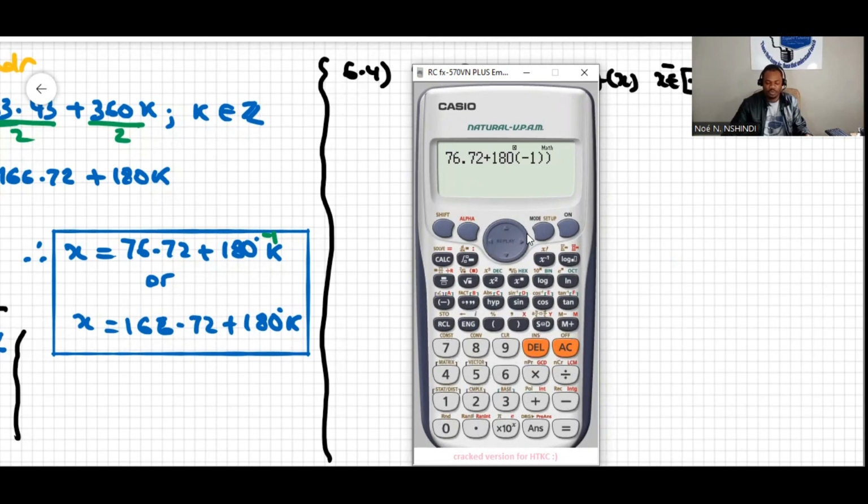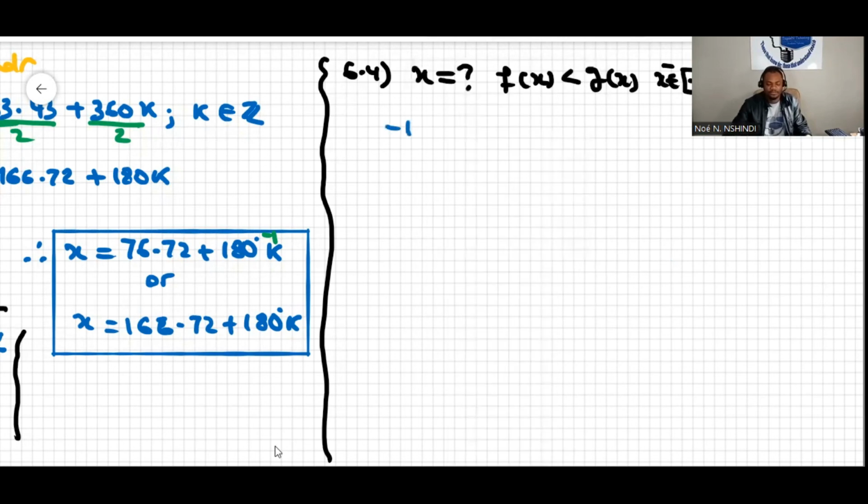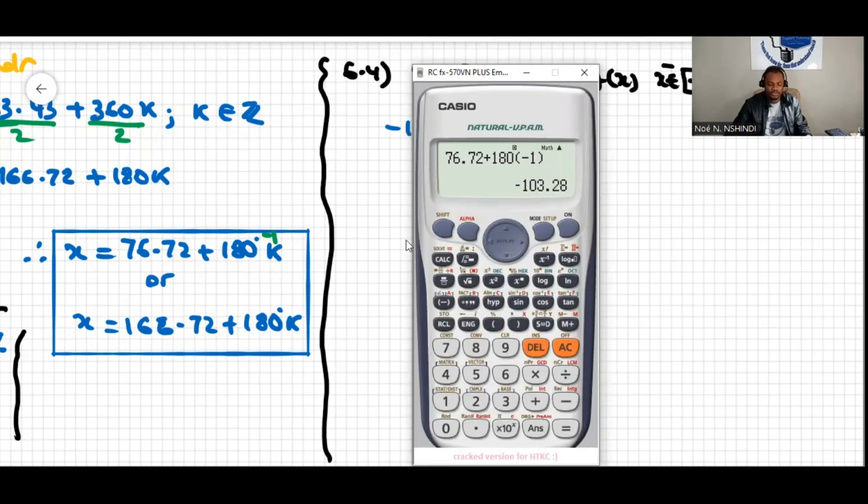I think I put more parentheses like that, and then there we have -103.28. On the right here, -103.28, and over there also something in this part.